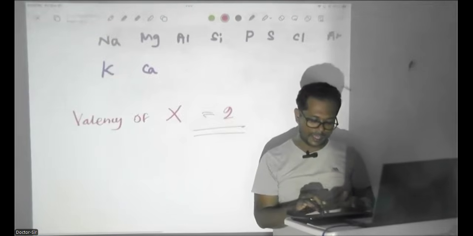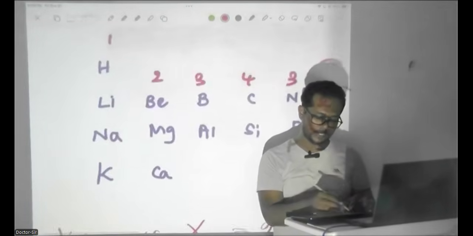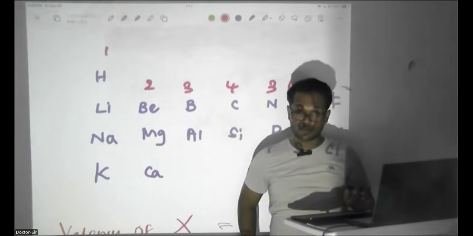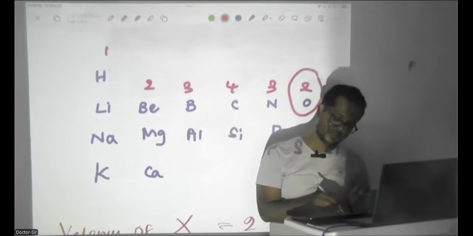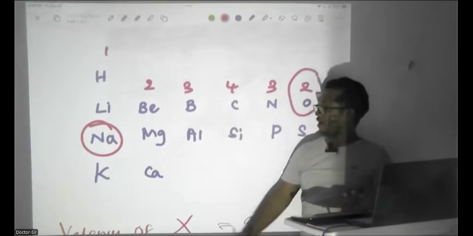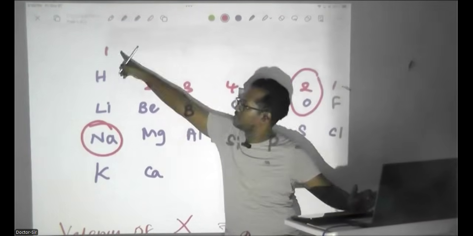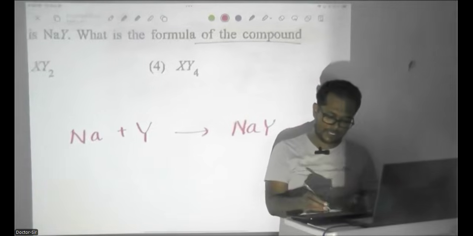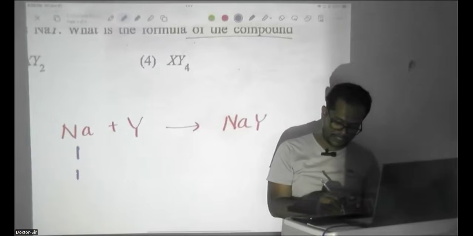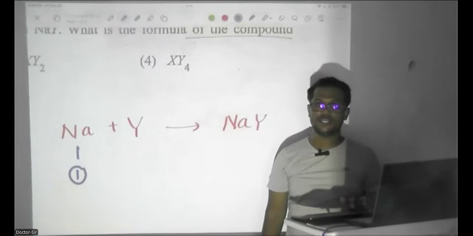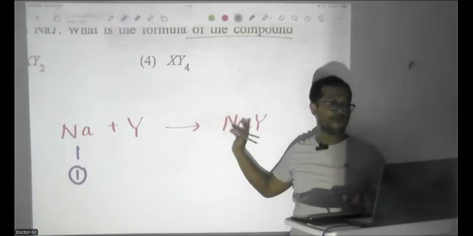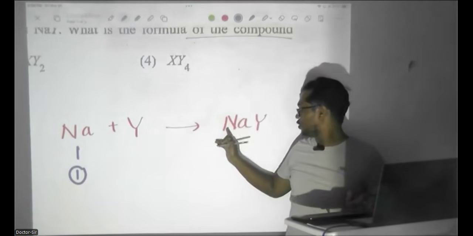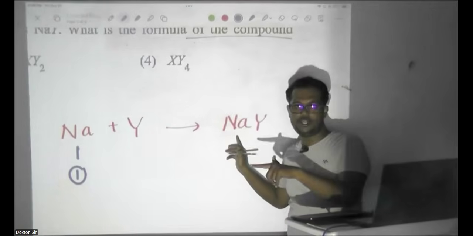For that I will come to sodium, because Y is combined with sodium. Look at sodium: its valency is 1. So I will apply that valency here. Sodium and Y form the formula NaY, so sodium and Y are in a 1:1 ratio.